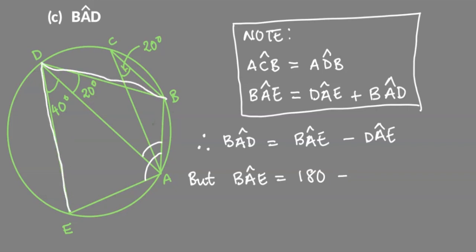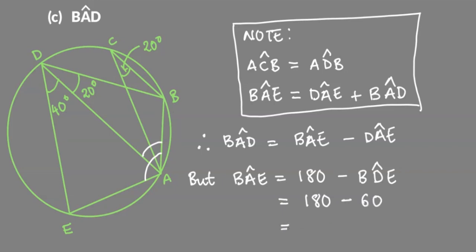You can see that it's opposite BAE. So we're subtracting that angle. We're going to label it as BDE. And then if we plug in the value there, it's very easy to calculate. It's just 40 plus 20, which is 60. This is going to give us 120.